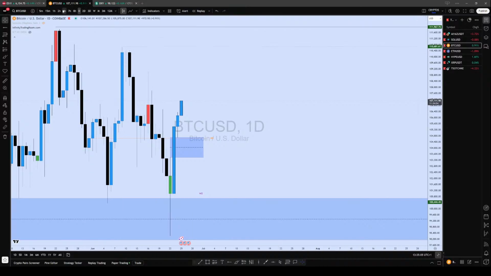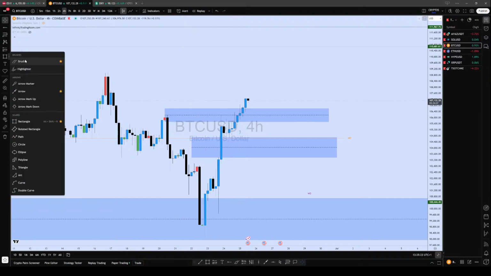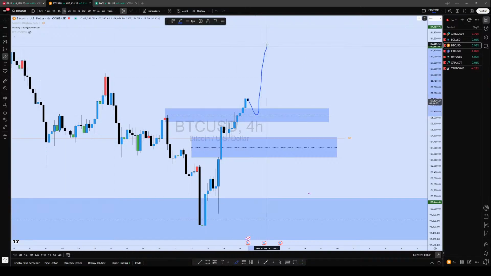Let's go to the H4, because I did mention that this candle here was the reason why price paused, and once we trade through it, the price will start making its way towards that level. So now that we are above it, they might trade back into it and then go up.